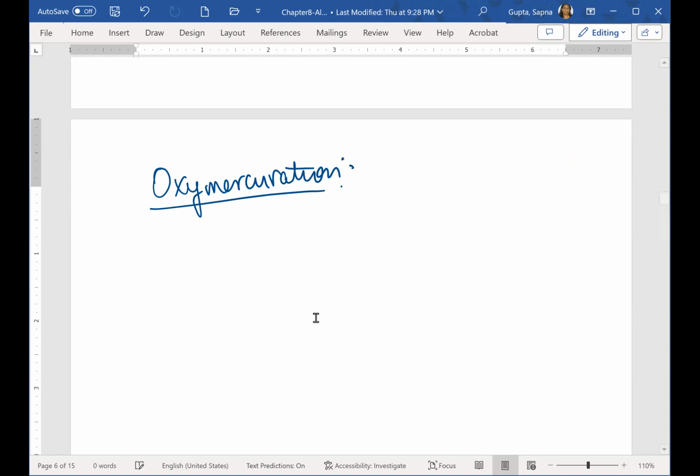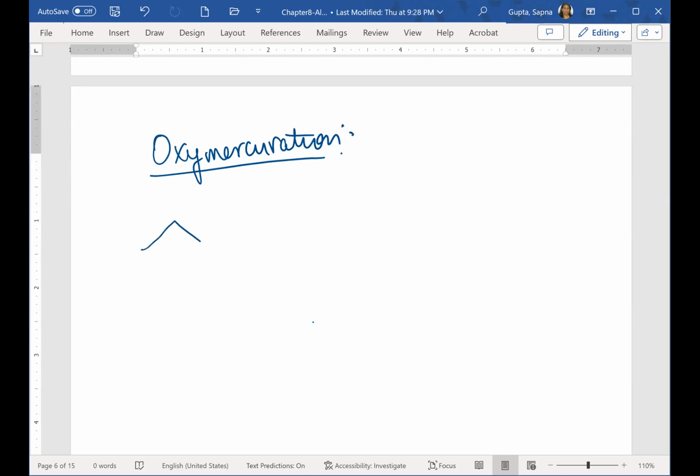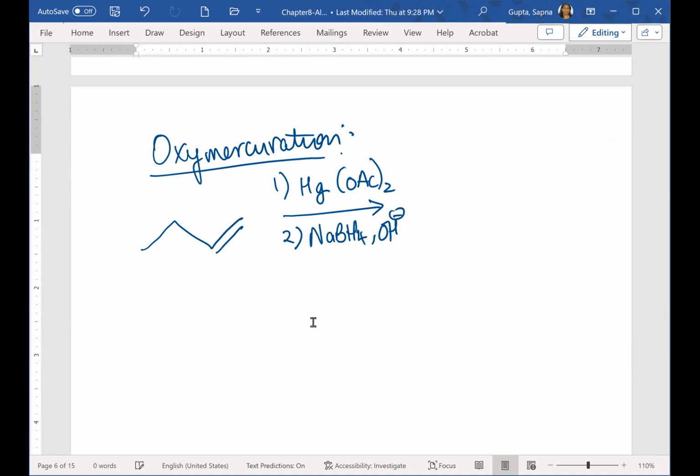And oxymercuration is this. So you take an alkene and you treat it with what is called mercury acetate. And just write it for now, and I'll tell you what this all means. And usually there is a hydroxide that goes here. And you get an alcohol.